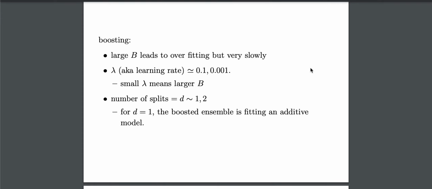Okay, next we will show a simple example in R, how to apply boosting to predict the median house prices in the suburbs of Boston, and how to evaluate the importance of variables.